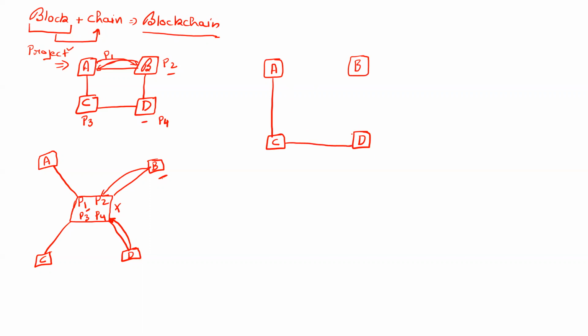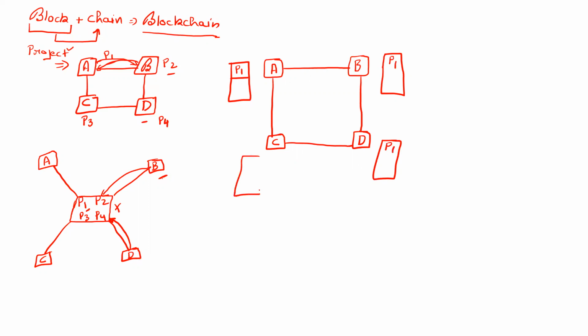Decentralized says that whatever happens in one project part reflects on the other systems also. Suppose A is working on part number 1, right? It is going to be updated under B also. This information is reflected on D's part also, C's part also, P1.